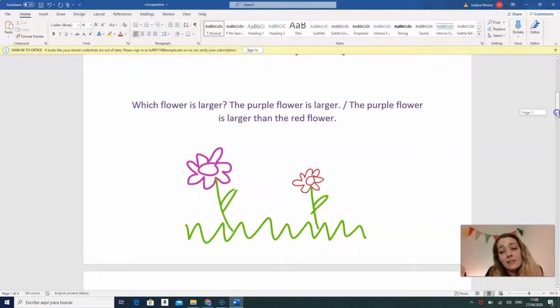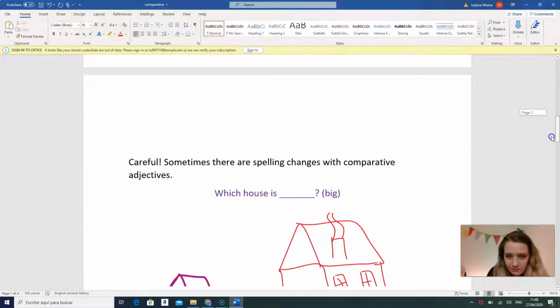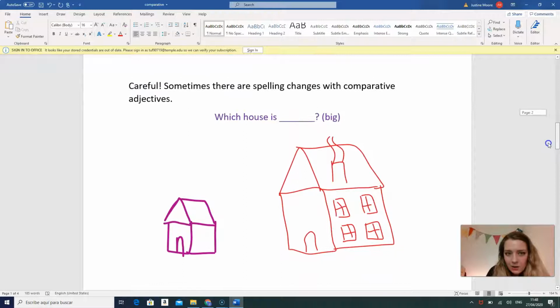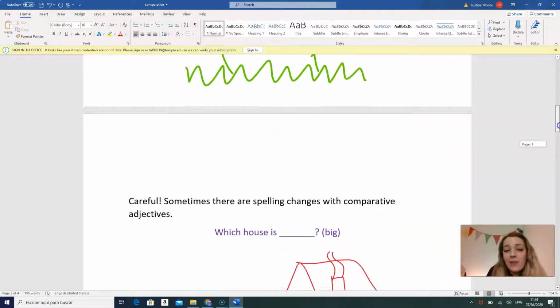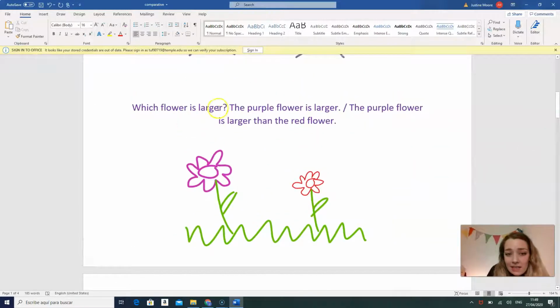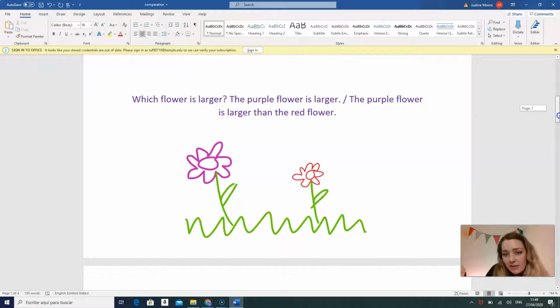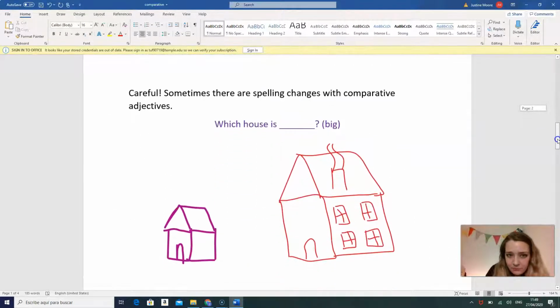Okay, hopefully this is okay. Let's keep moving on. All right, so you need to be careful. Sometimes there are spelling changes with comparative adjectives. I already showed you if the adjective ends in E, like large, you just add the R, not ER, just R. But there are other spelling changes as well.